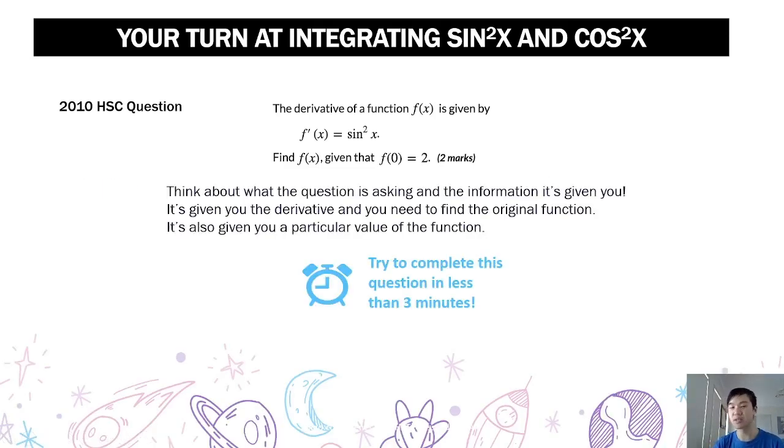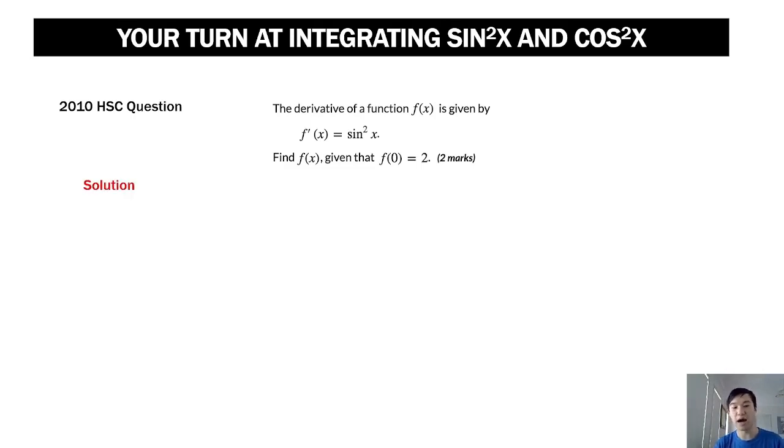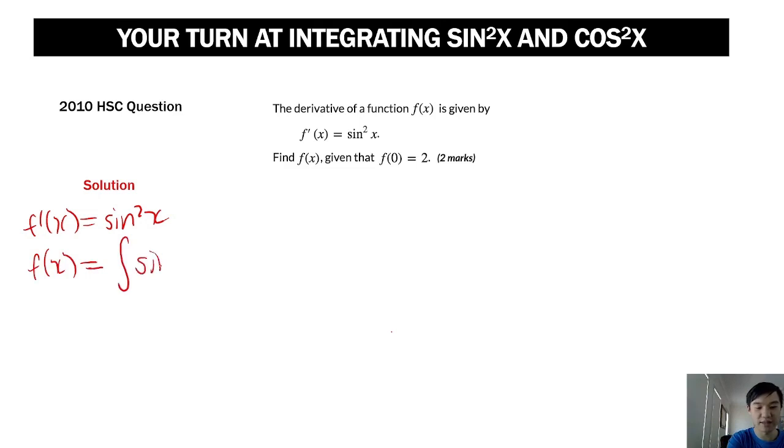You can, of course, pause this video and attempt this question yourself, or you could continue watching where we'll be going through it. The original function is what we get when we integrate the derivative, because remember, integration is the reverse of differentiation.